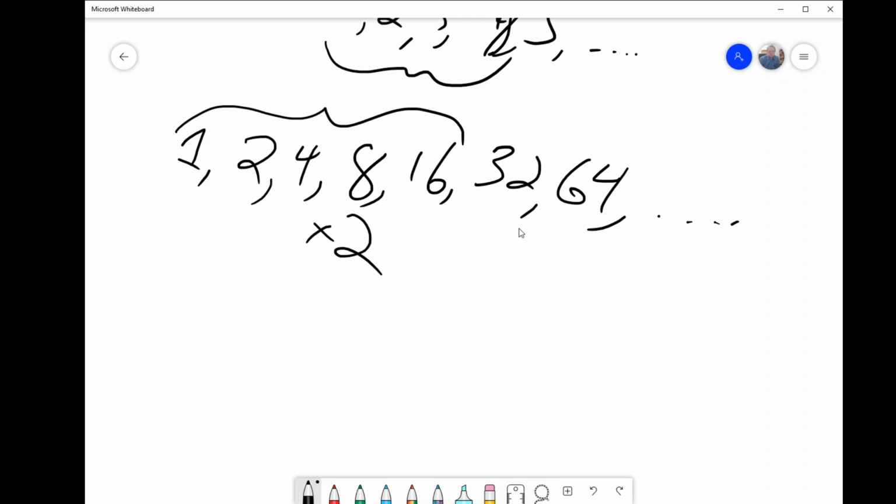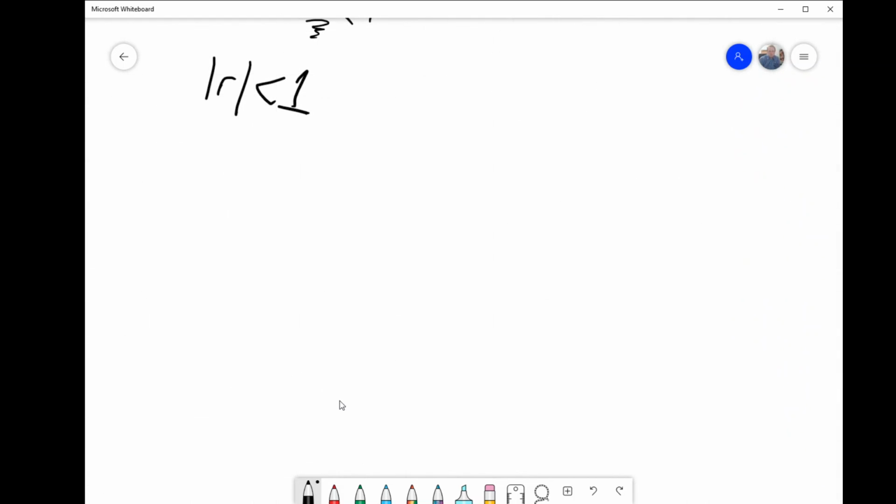With an arithmetic series, and with an arithmetic sequence as well, but especially with the series, we're only really dealing with a finite series. So there's going to be some finish line we never cross. With a geometric series, if this number we multiply by every time, called the common ratio, has an absolute value less than 1, for example 1/2, then we can have an infinite series that has a finite answer.